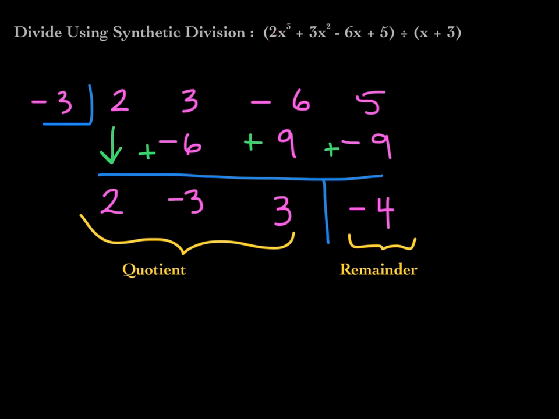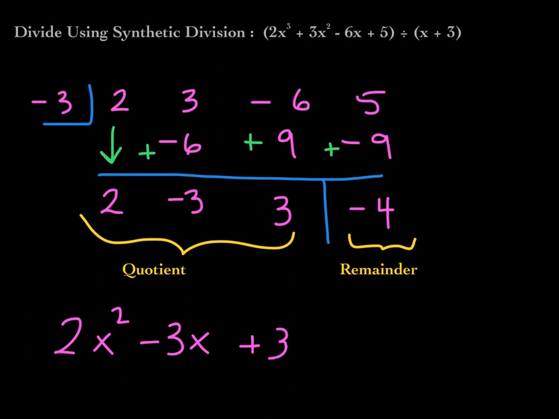So with that being said, these are the coefficients of your degree 2 quotient. It's degree 2 because that's 1 less degree than degree 3. So it'll be 2x squared, because this is degree 2: 2x squared minus 3x plus 3.